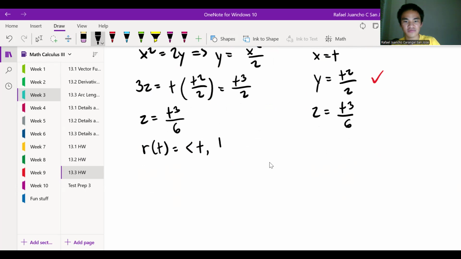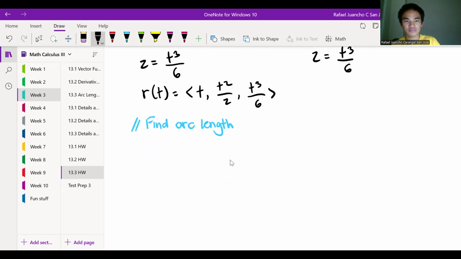I can write it in vector form. Then we find its arc length. So we get the derivative of each.